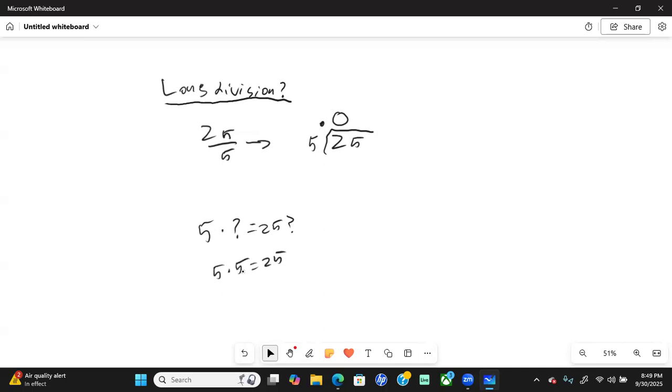We know that for a fact. So we put it up here. Subtract 25, and we get 0. Now, this is called our quotient. This is called our remainder.